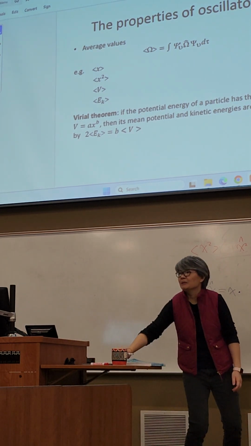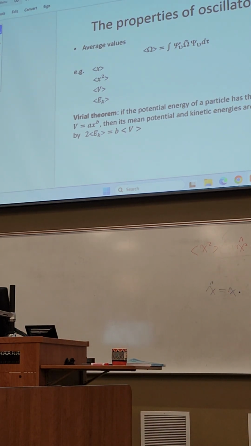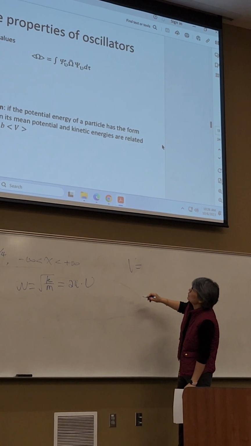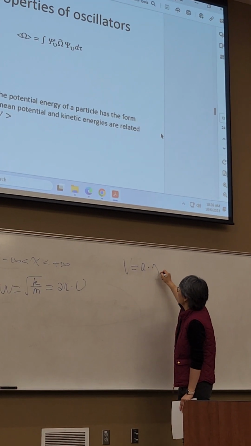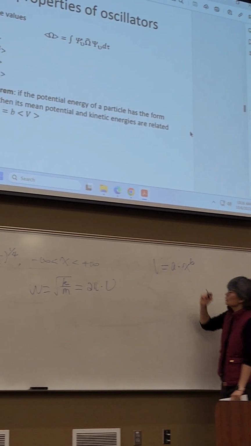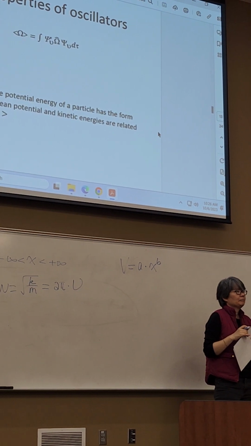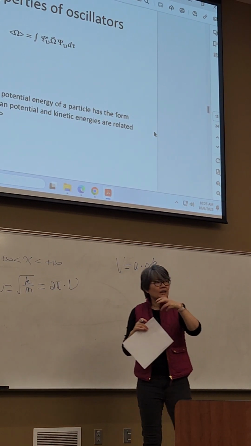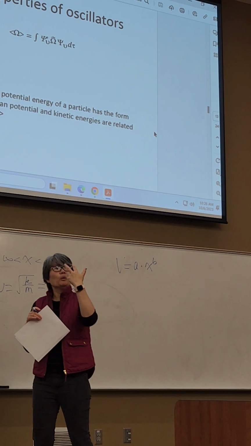Okay, now can we take a shortcut? This theorem says if the potential energy has an expression of a constant times the position to the power B, then the average kinetic energy and average potential energy can be correlated.